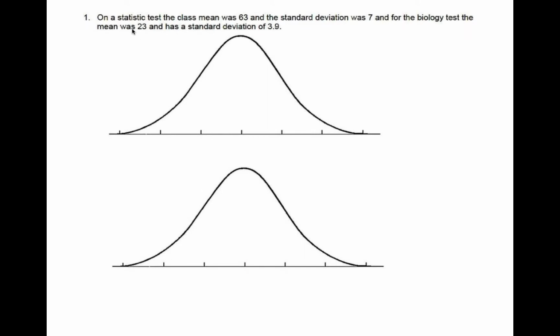So, on a statistics test, the class mean was 63 and standard deviation was 7. And for the biology test, the mean was 23 and had a standard deviation of 3.9. We're going to label both of these pictures. So this is going to be the stats one, this is going to be the bio one. So statistics, it had a mean of 63, the standard deviation is 7, so we're going to add 7 and then subtract 7.